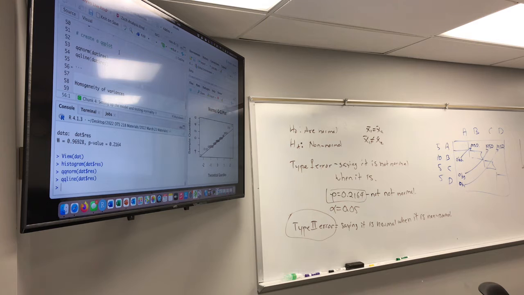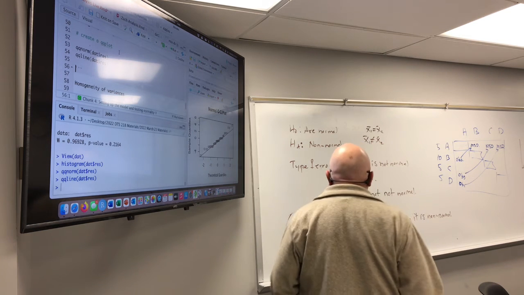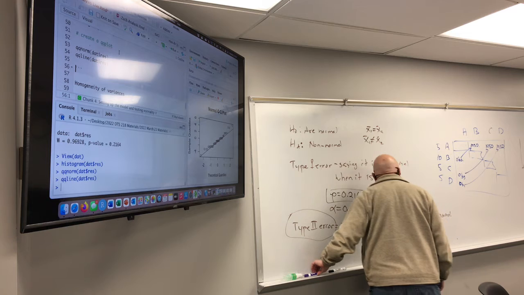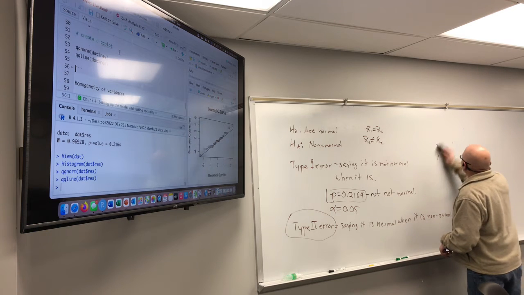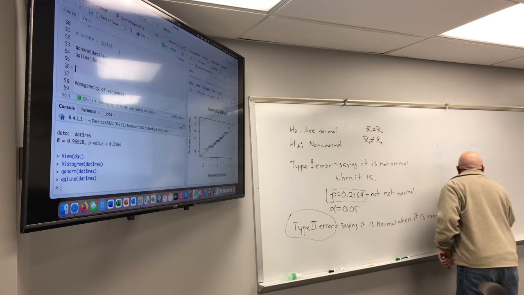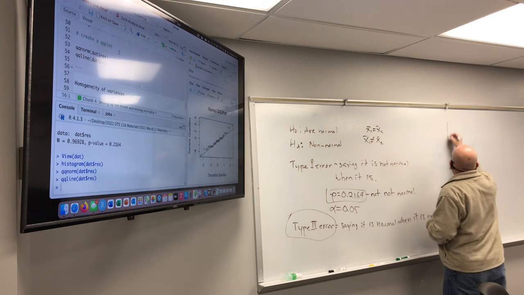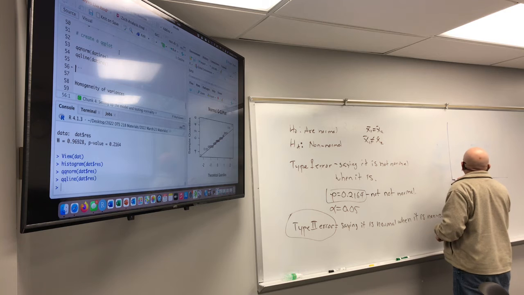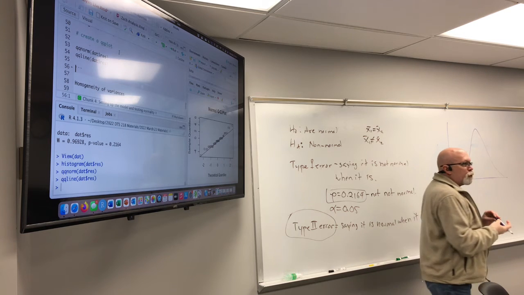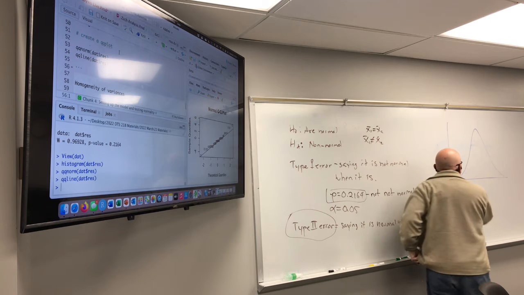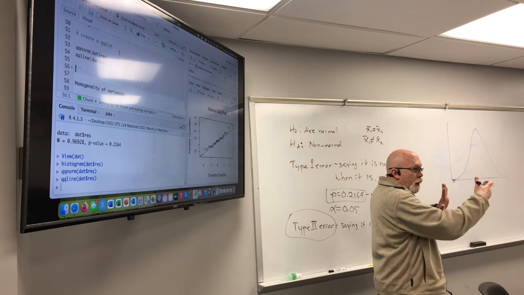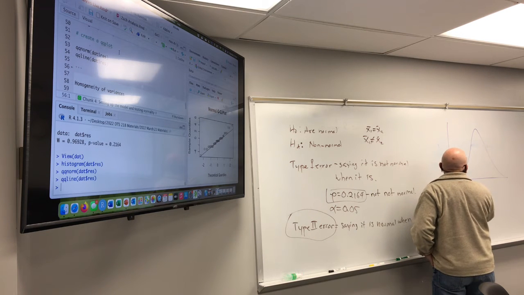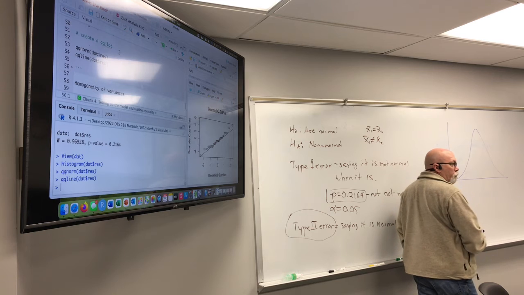A QQ plot is difficult to think about conceptually. I try to explain QQ plots to my first year biology students, and I don't know what kind of success I have, because it's kind of a hard concept. But basically, when you have a normal distribution of data, if you start on this end and move 1 unit to the right, there's a certain proportion that is the area under the curve.